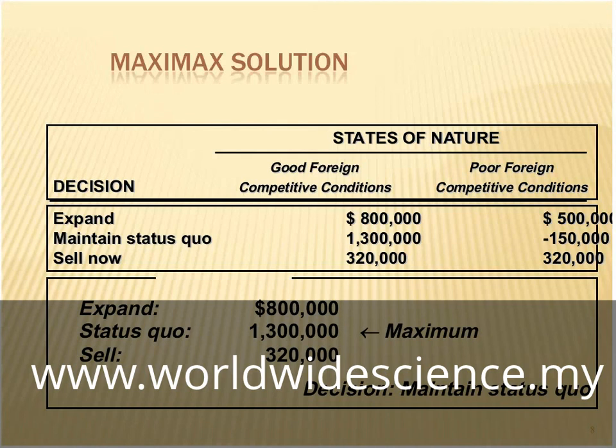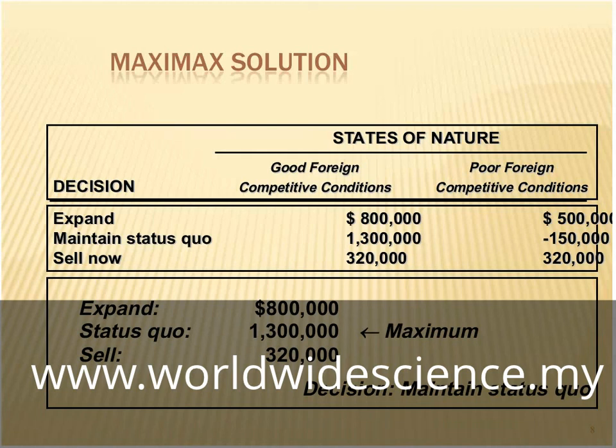The second word, maximum, is for each row, and the first word, maximum, is for the column. It means that at first you should find the maximum payoff in each row.